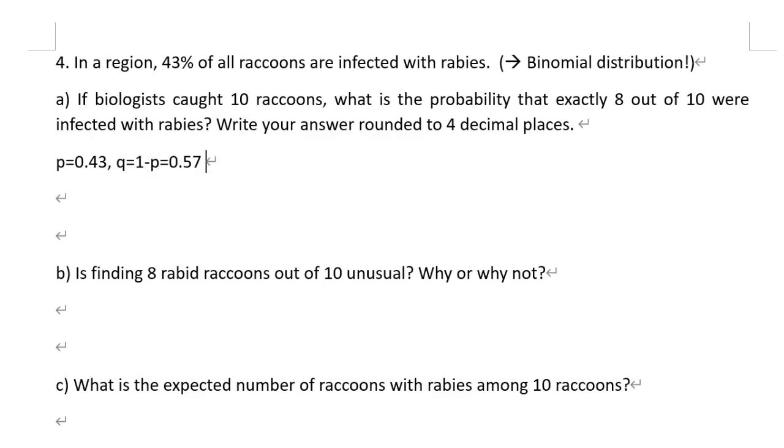And also N is equal to 10 because you're collecting 10 raccoons. You're repeating that for 10 times. So once you have this, then you can use the calculator to find out the probability that X is equal to 8.